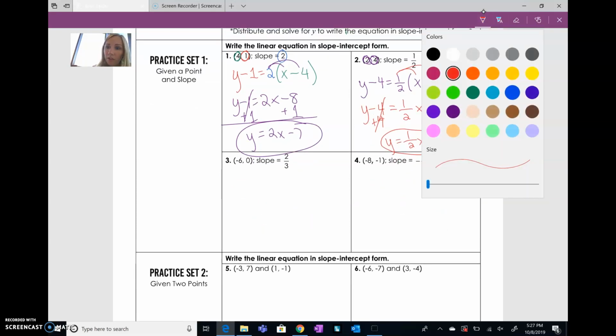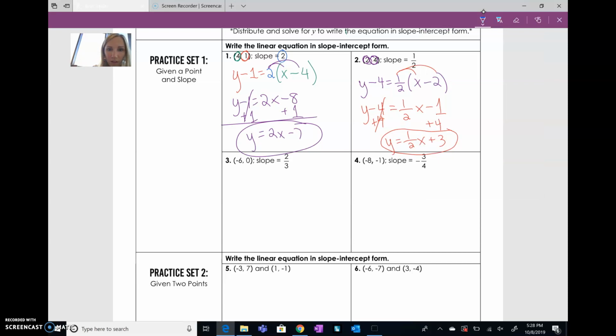Alright, here we got y minus your y value equals 2/3 times x minus your x value, which is negative 6. Okay, cool. Now I simplify it. Y minus 0 is just y. 2/3 times x is 2/3 x, and 2/3 times, okay, minus a negative is actually a positive.